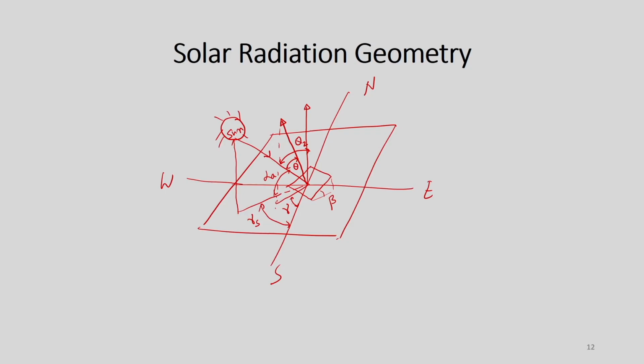So now you can learn the different angles. In this surface we have introduced many angles like beta, then theta z, theta, alpha a, gamma, gamma s. Now what we will study is cos theta, how cos theta is a function of many angles.